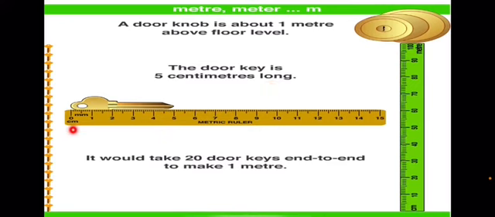You can see the key starting from 0, and this is 5 centimeters. So it would take 20 door keys end to end to make 1 meter.